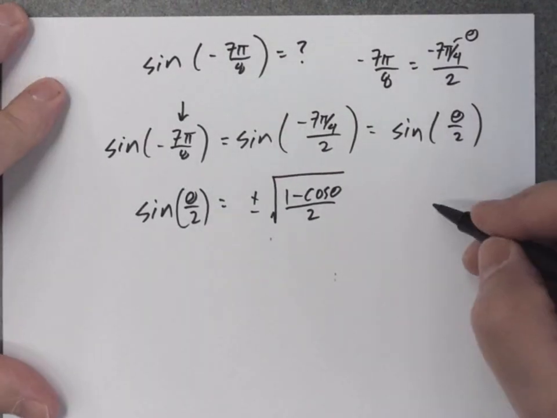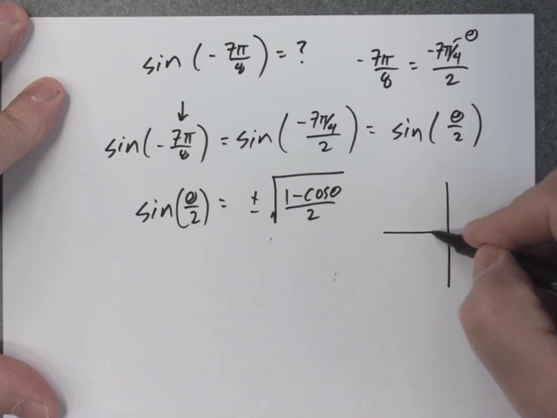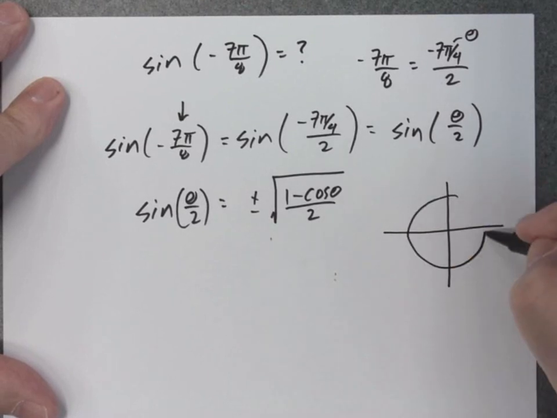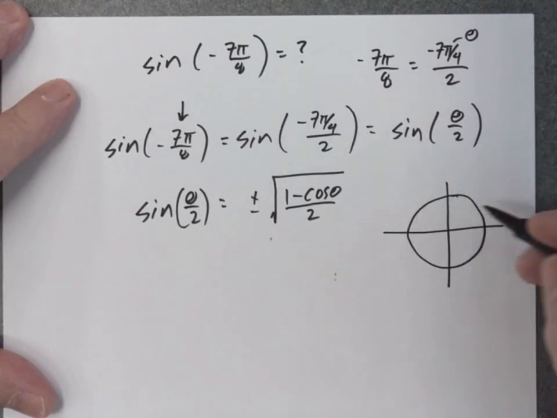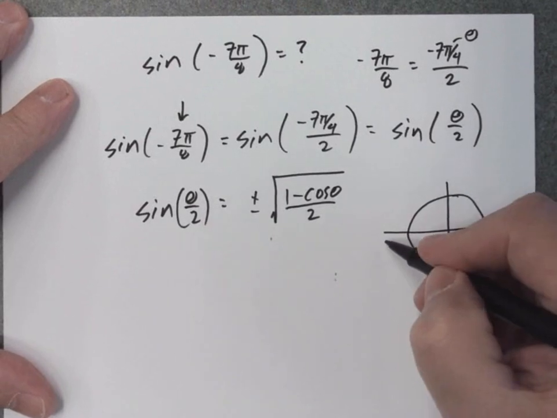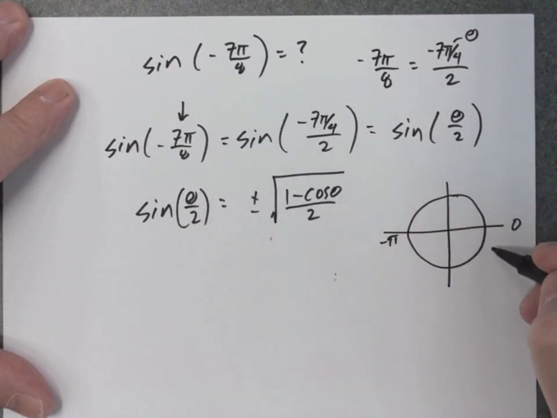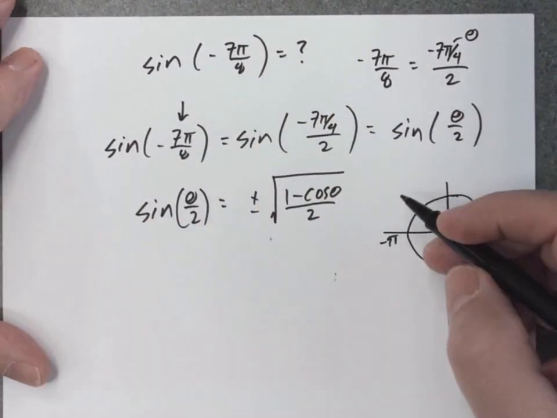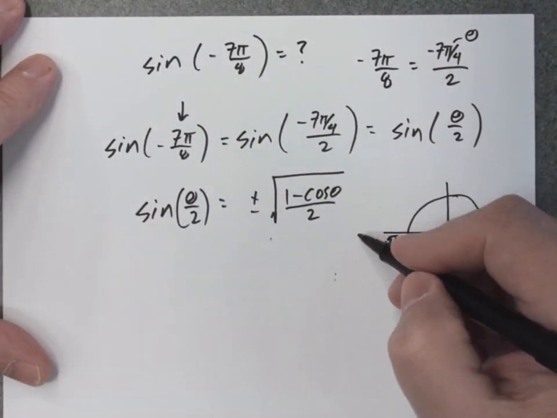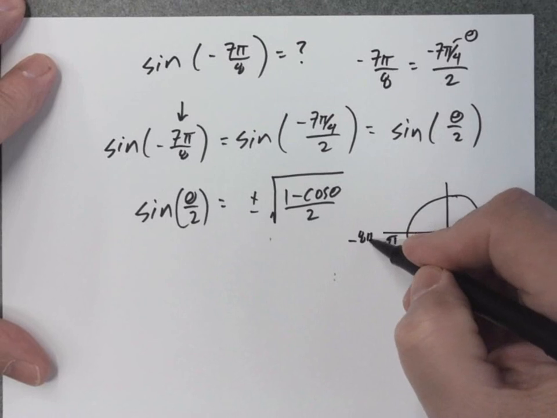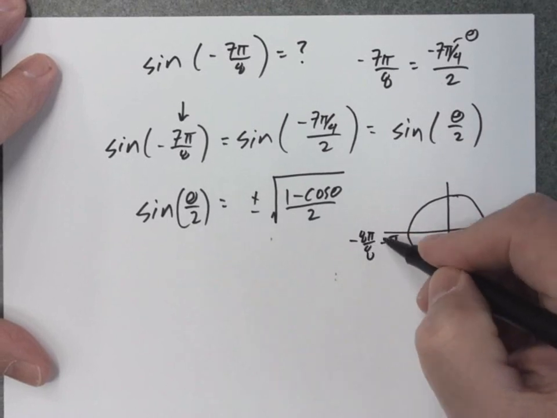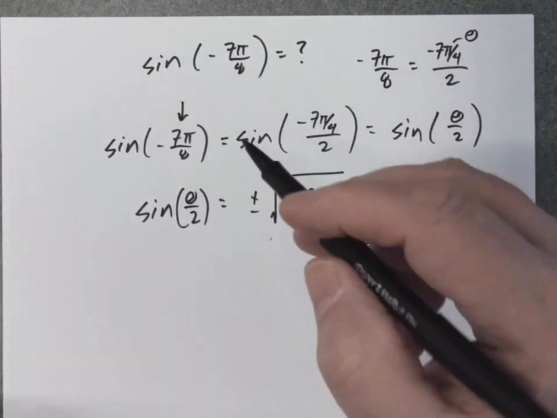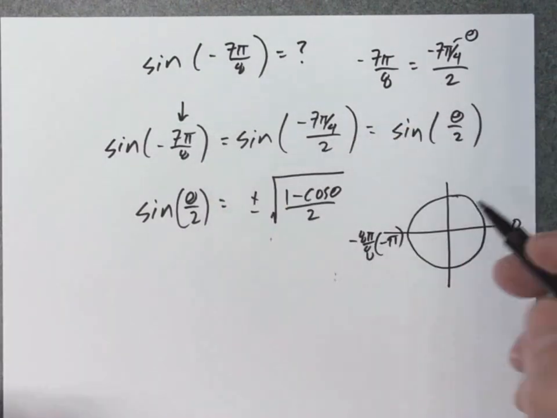If you think about our unit circle, since we're doing negative angles, zero is here, over here would be minus pi, so we're going in a clockwise direction. If you want to, you can think of minus pi as minus 8 pi over 8, right? So where would negative 7 pi over 8 be?